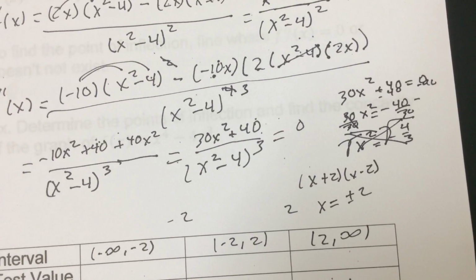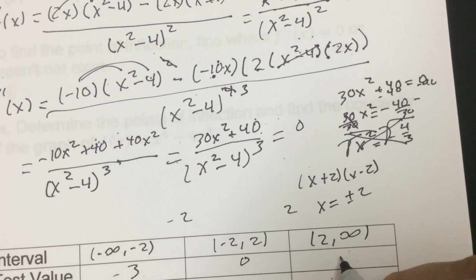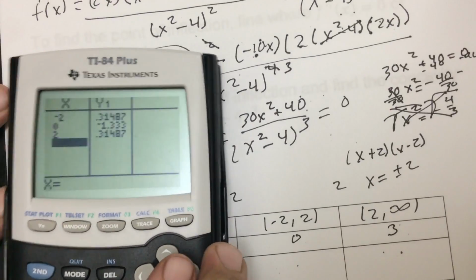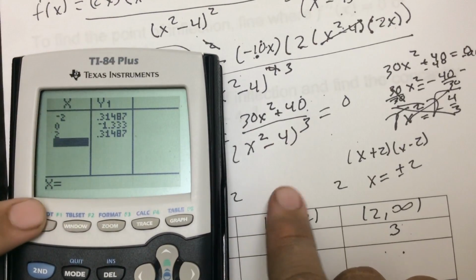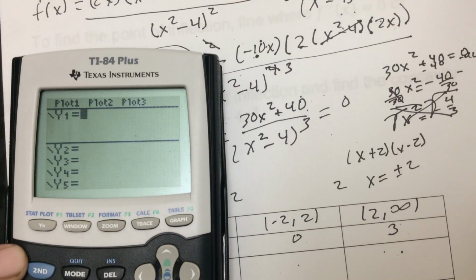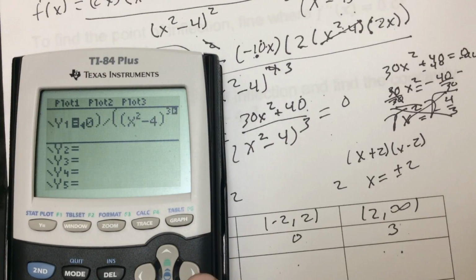So test points. Let's go negative 3, 0, and 3. So in the graphing calculator, we're going to put this one in. I'm going to delete these and clear that. So the entire top, 30x squared plus 40, close parentheses, divide, double parentheses here for x squared minus 4, close parentheses, raised to the third, close parentheses.